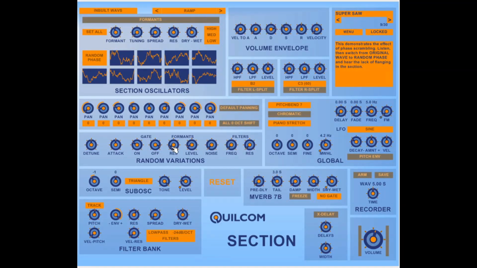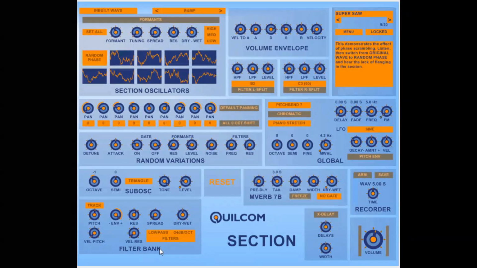The formants here, the resonance level can be varied, and you can introduce a digital noise which actually adds a slight addition to the magnitude of all the partials. And down here there's a filter bank which I'll just tell you about in a moment, and we can also make the resonance and the frequency of that filter bank randomized.